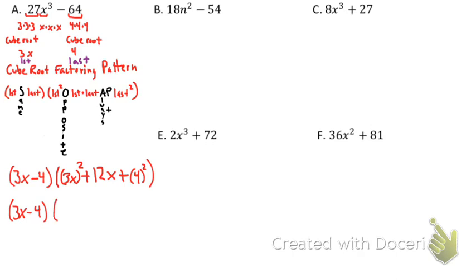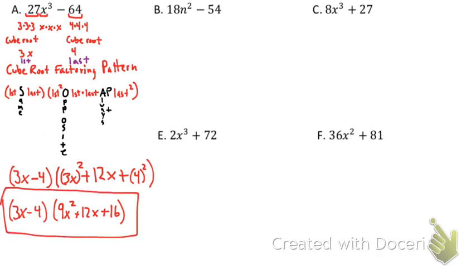This turns into 3x squared, which is actually 9x squared, plus 12x, and then 4 squared gives me positive 16. This will be special patterns factoring cubes, or perfect cubes.